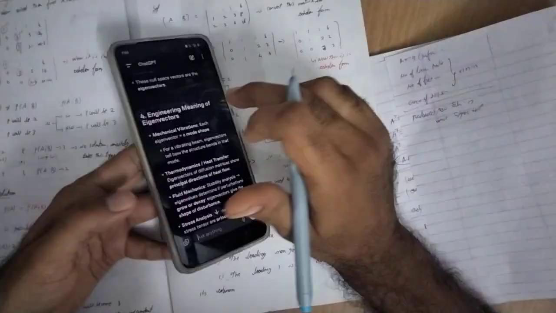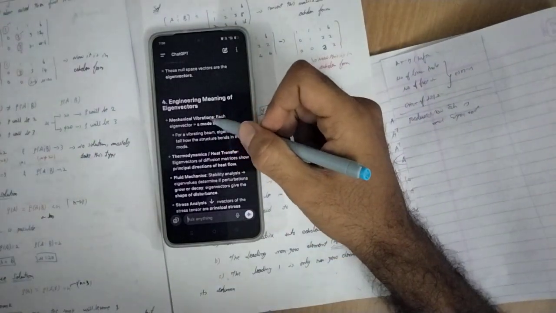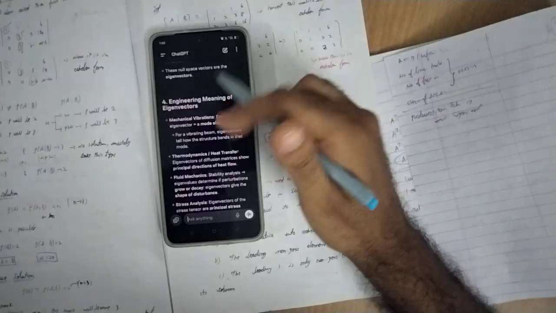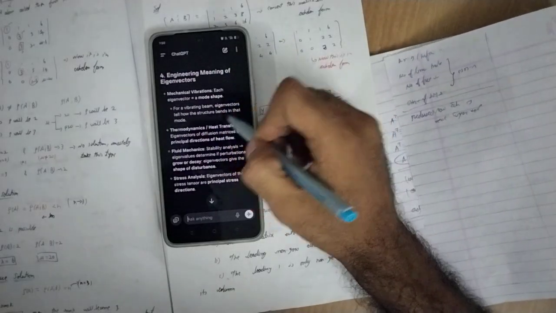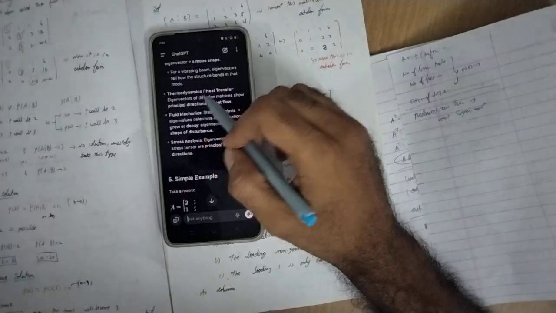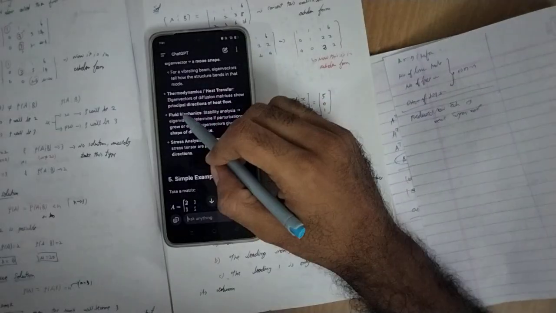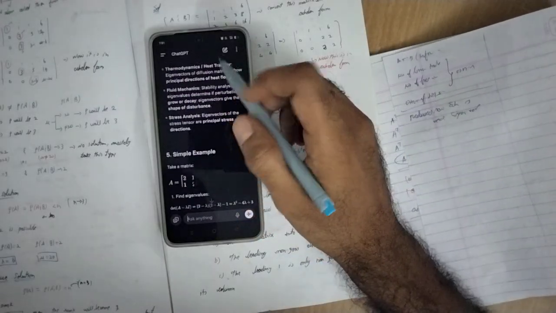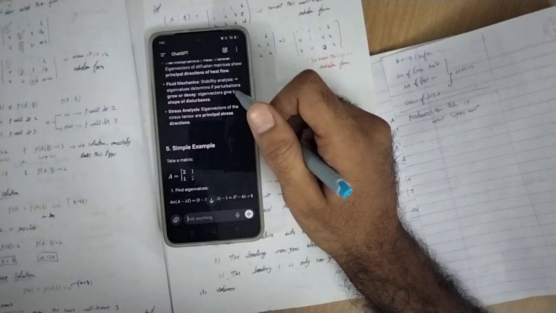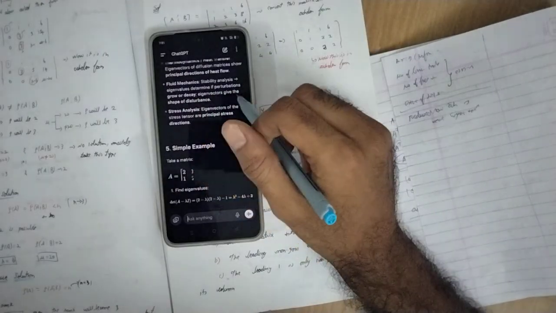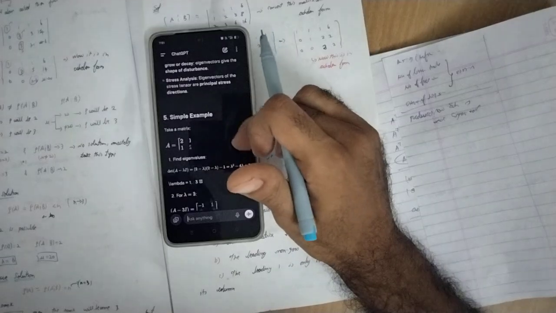You can see, in mechanical vibration, each eigenvector is some mode shape. It means the eigenvector tells us how the structure bends in the mode. In thermodynamics, the eigenvector of the diffusion matrix shows the principal direction of heat flow. And in fluid mechanics stability analysis, the eigenvector determines the perturbations of growth or decay. Stress analysis, principal stress.